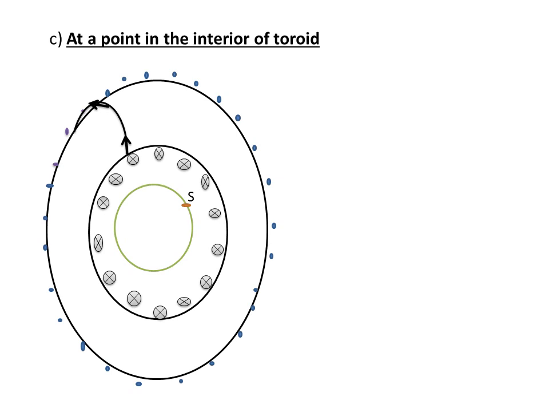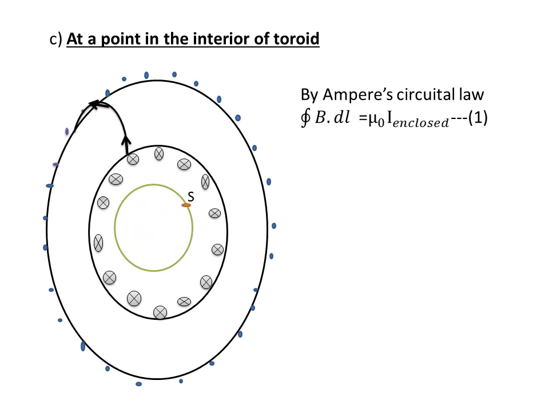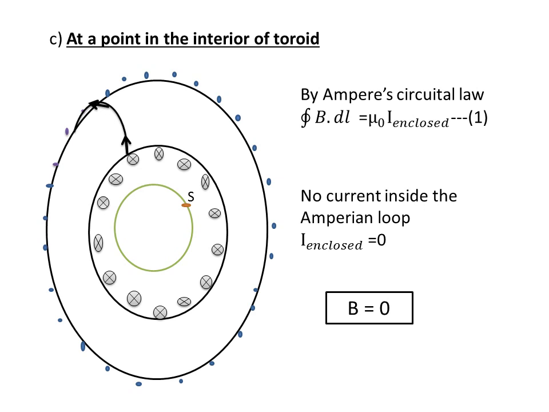We can see that the current carrying elements are outside the Amperian loop, and inside the loop there is no current carrying element, that is, current enclosed inside the Amperian loop is 0. Substituting this in Ampere's circuital law, we can write I enclosed equal to 0. So we get B equal to 0. There is no magnetic field in the interior of the toroid.